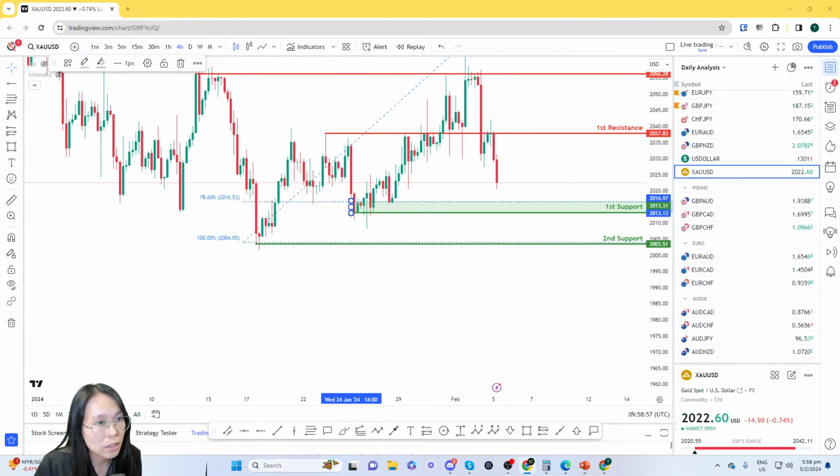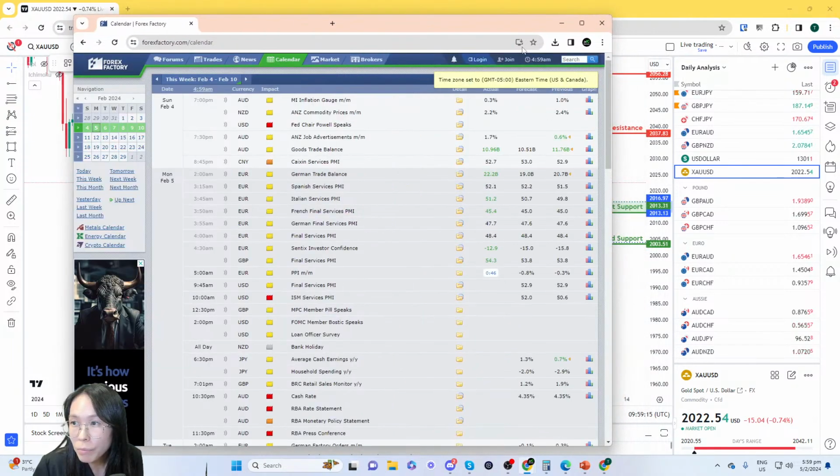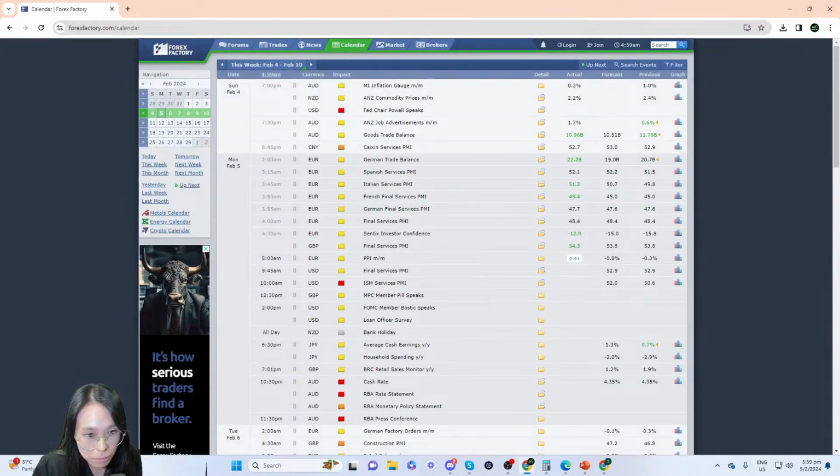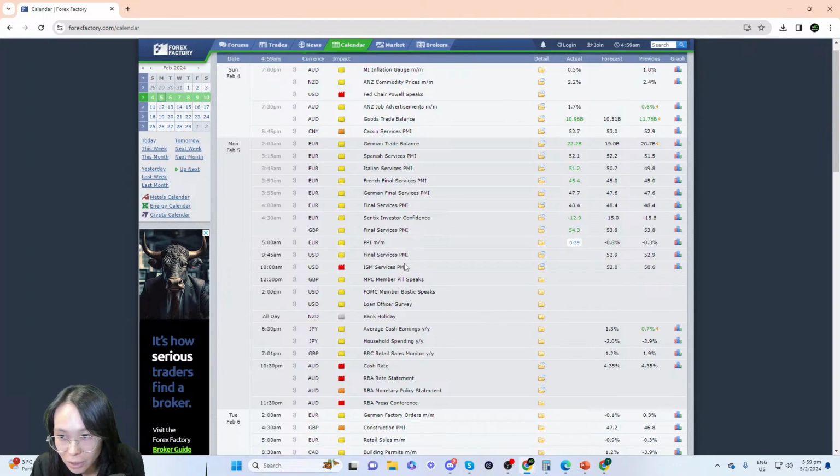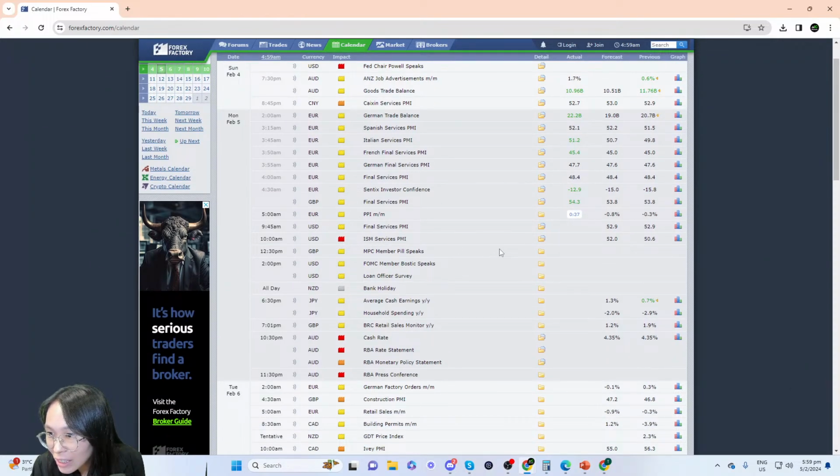Sorry, give me a second. I switch my time zone to EST. Let me show you the news calendar. Since you're trading, please take note of the upcoming ISM services PMI.